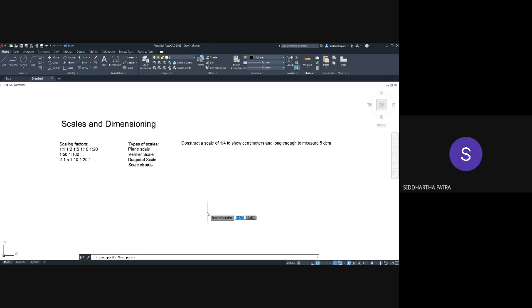See, if the total span of the scale is supposed to be 5 decimeters, which is 50 centimeters, that is 500 millimeters, then when you are drawing it in a 1 is to 4 scale on your piece of paper, what should be the dimension of the scale? 125 millimeter. Yes, correct. So let's take a line of length 125 millimeter.